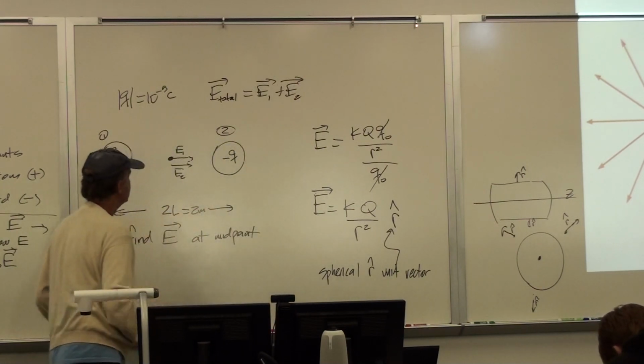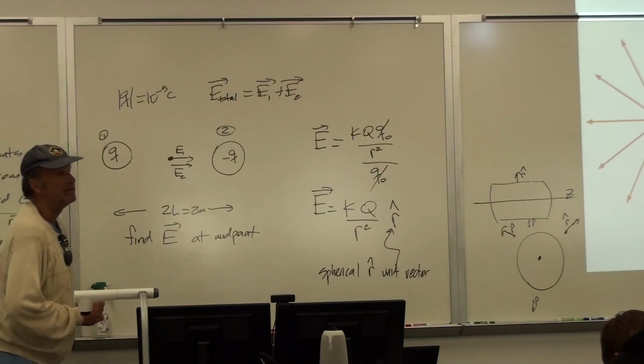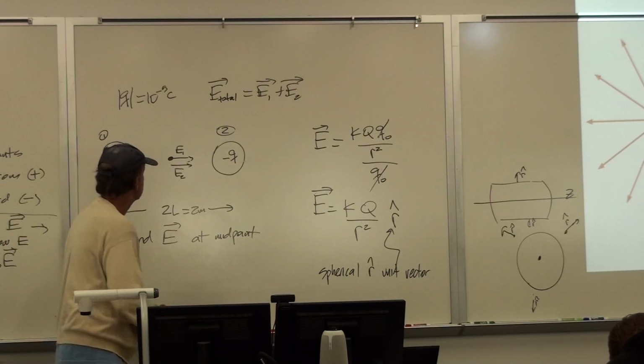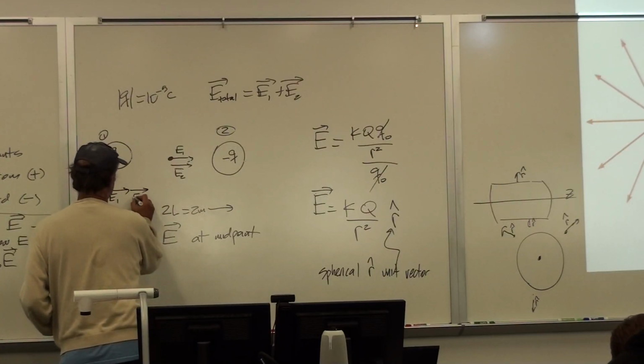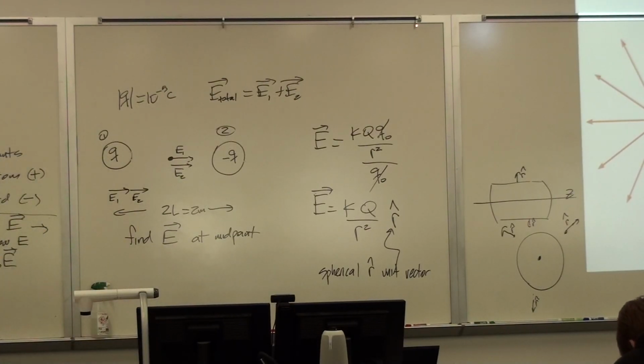So E1 and E2 are in the same direction, so we don't have to worry about components adding or canceling. So that's what we're going to have there. That's going to be our total electric field at that midpoint.